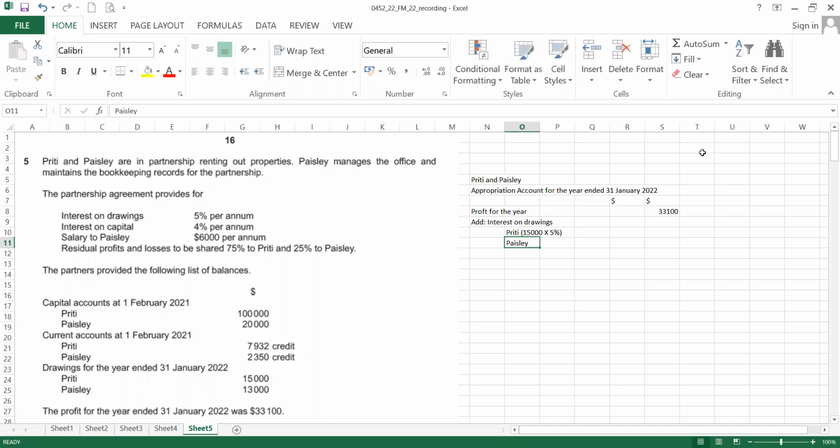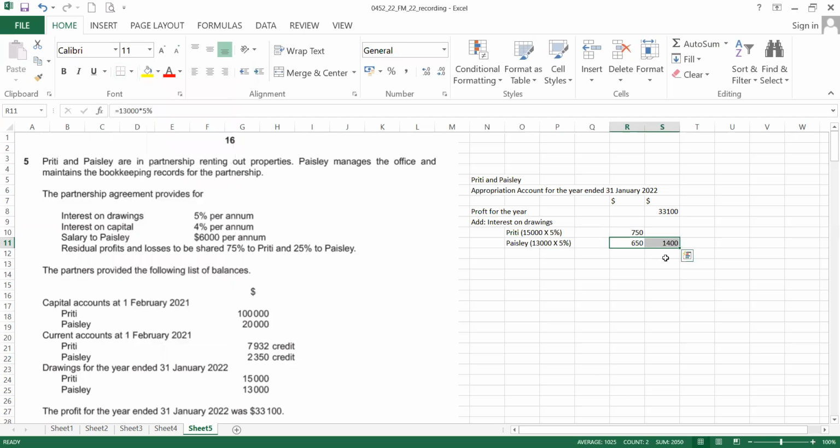Show all this working beside it. Okay, the next one is Parsley, 13,000 times 5%. So we have 15,000 times 5%, and then 13,000 times 5%. So this total, add the total first.